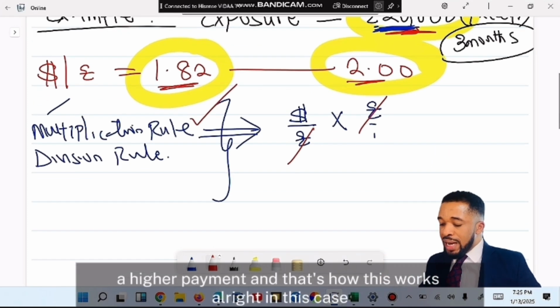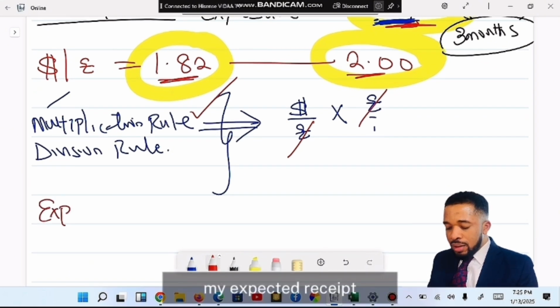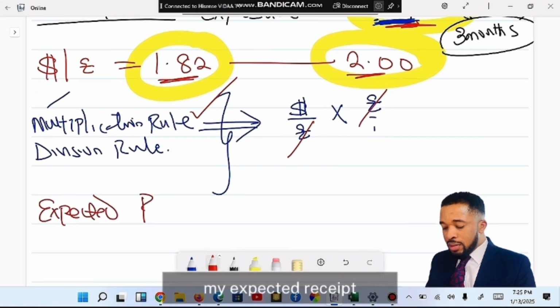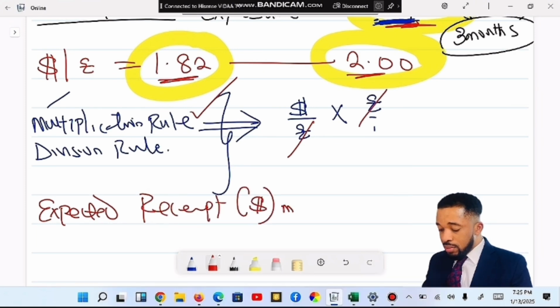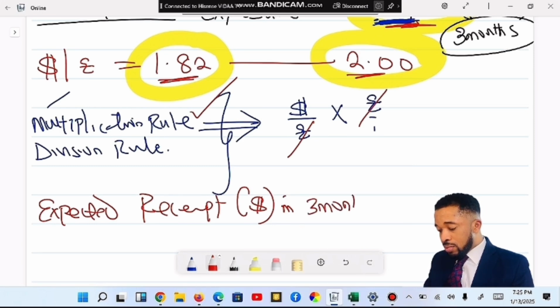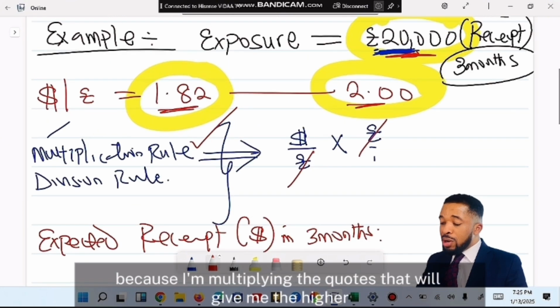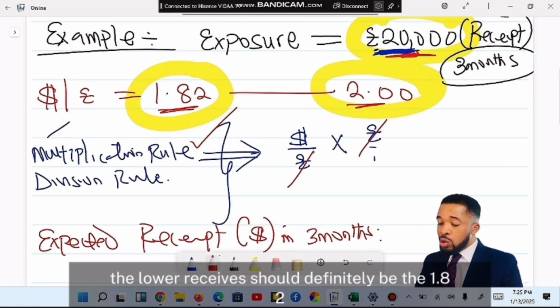All right, in this case, my expected receipt, remember dollar receipt now, in 3 months, because I'm multiplying, the quote that will give me the lower receipt should definitely be the 1.82.